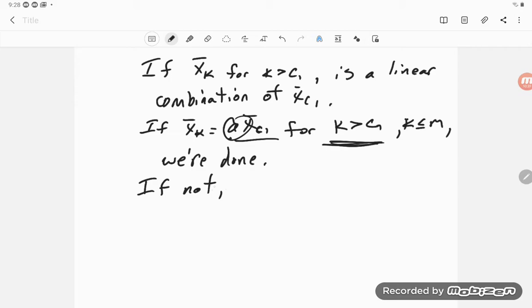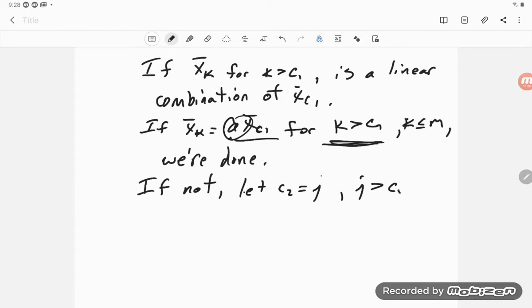If not, then let c2 equal some k. Let me use a j here. Let c2 equal j, where j is bigger than c1.